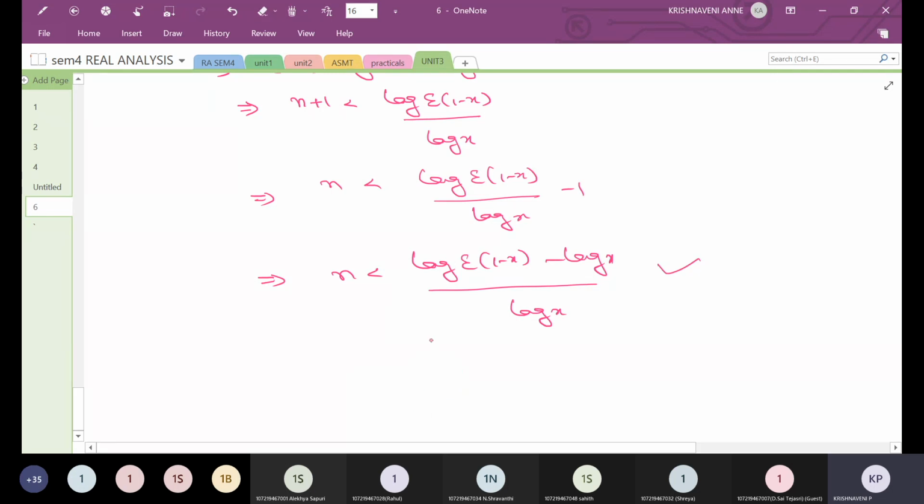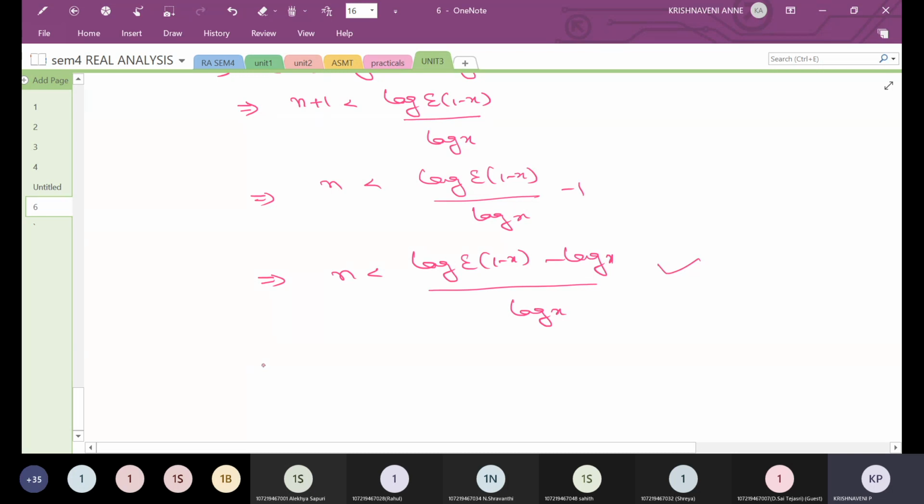Since I didn't get it, I can't choose any n naught for which the condition will be satisfied for large capital N. That means the sequence fn of x is not uniformly convergent. Is that clear, everyone?